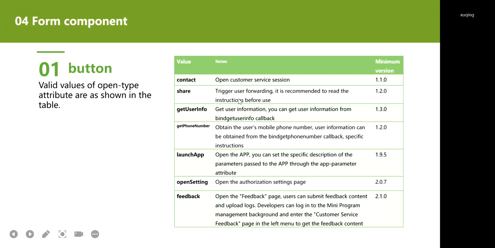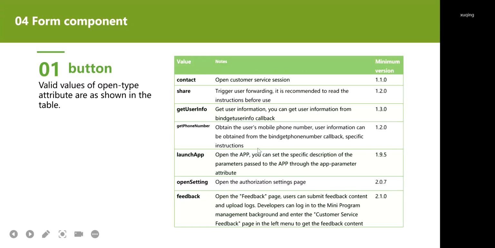Share is to trigger user forwarding; it is recommended to read the instructions before use. Get user info is to get user information, which we can get from the get user info callback.